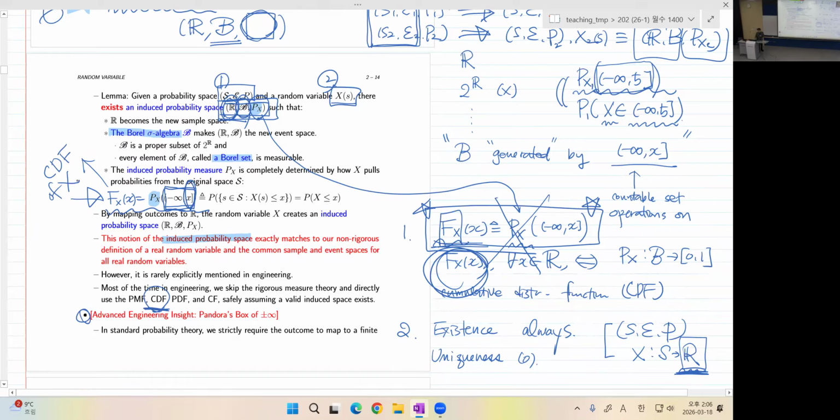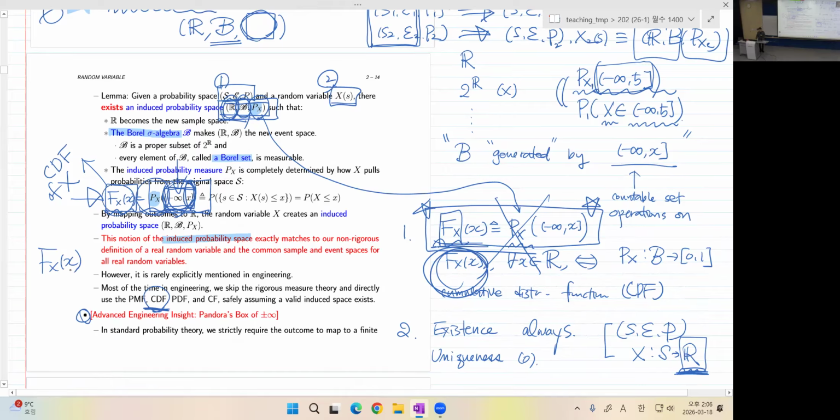And interestingly, it appears that this function is a special case of the induced probability measure only for these half intervals. But as I told you, since the Borel sigma algebra can be generated by this type of half interval, actually these two functions are equivalent. That's why we love the CDF.